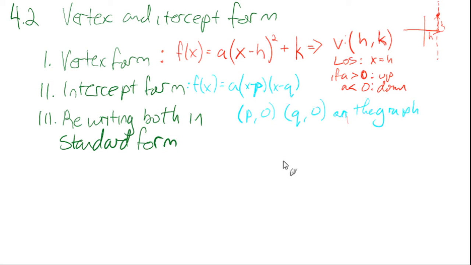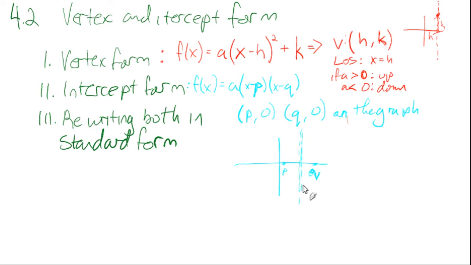And then to find the axis of symmetry, we know that there's these 2 points. Say here is P and here is Q. Then we know right in the middle is going to be where the vertex is, because we know that parabolas are symmetrical. So right through the middle will be our line of symmetry, and our vertex is going to be somewhere on this line of symmetry.